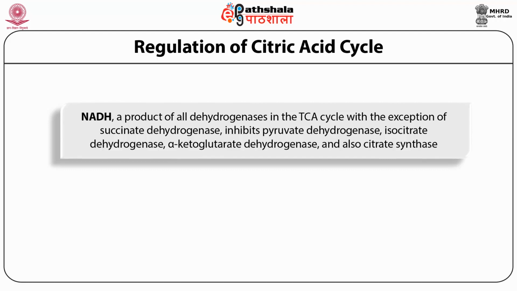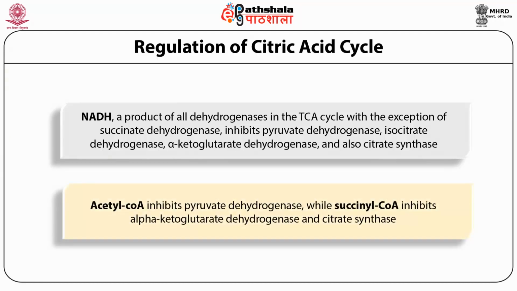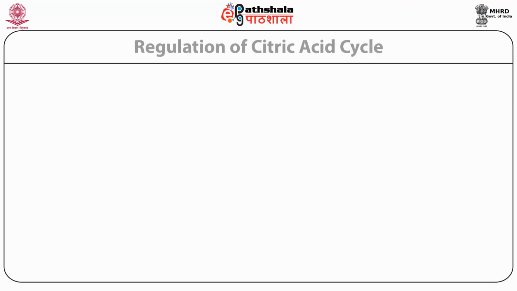Acetyl coenzyme A inhibits pyruvate dehydrogenase, while succinyl coenzyme A inhibits alpha ketoglutarate dehydrogenase and citrate synthase.